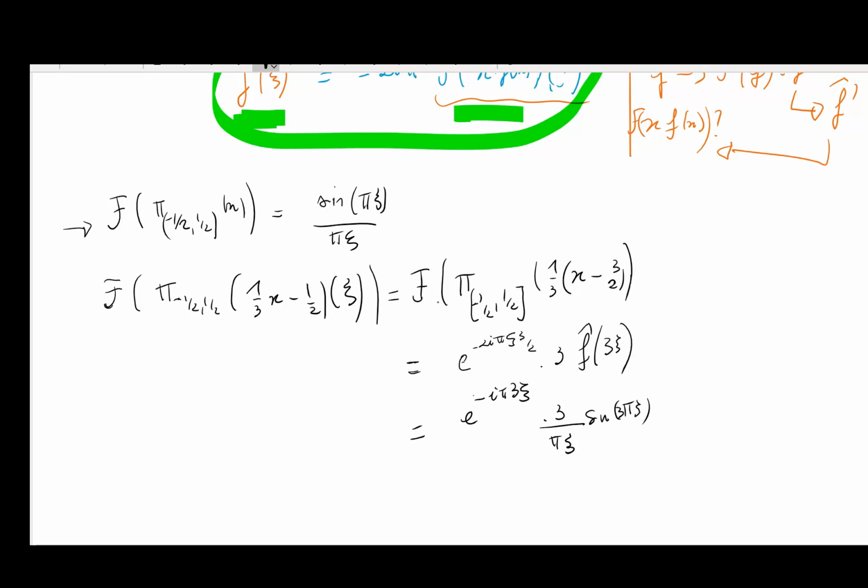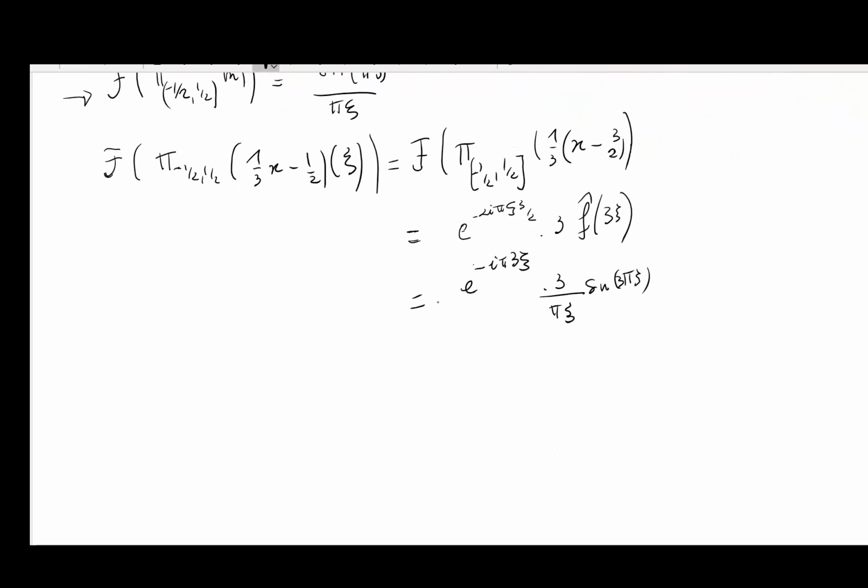Okay, so that's one of the easy transformations we could find. And then what do we get if I want to find the Fourier transform of x times the gate function on negative 1 over 2 to 1 over 2, applied to psi? That would look like this function.